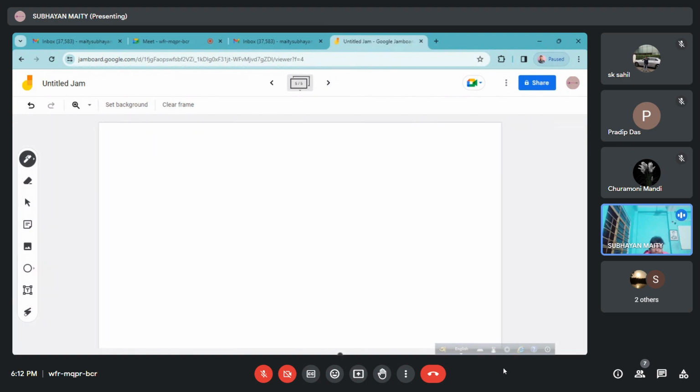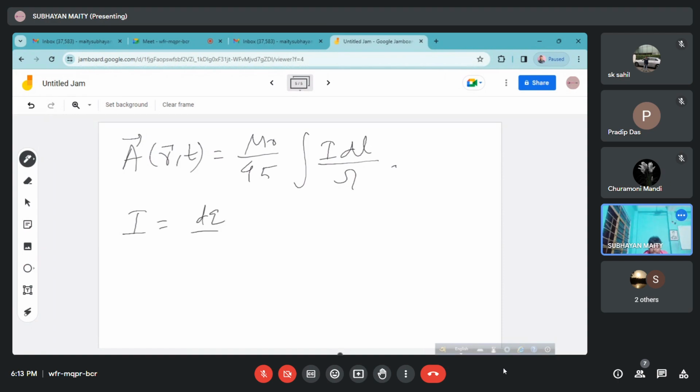Now if you want to find the magnetic vector potential A, what do we mean by A? It is equal to mu naught by 4 pi integration of I dl by r. If written with J it would be different, I have written it with I. So I is equal to dq by dt, and q is equal to q naught cos omega t.